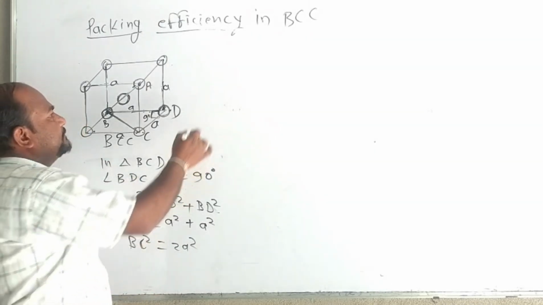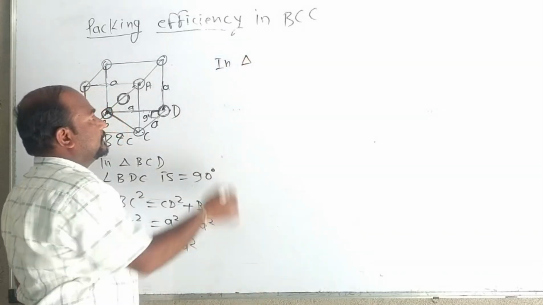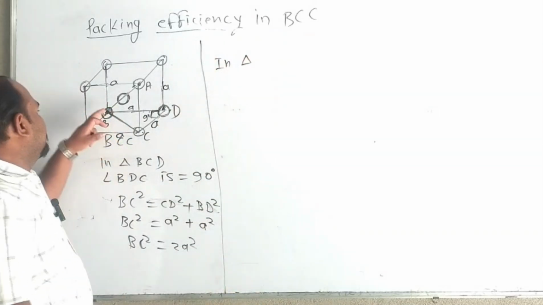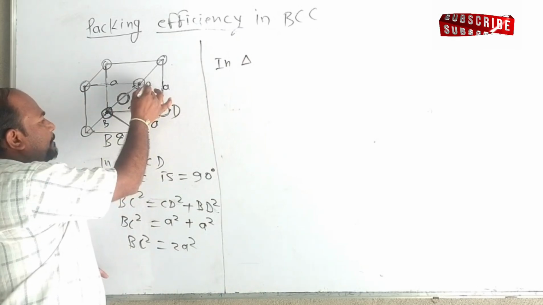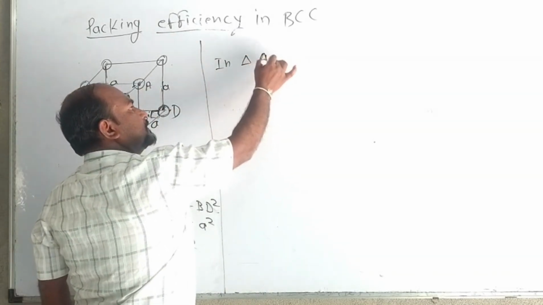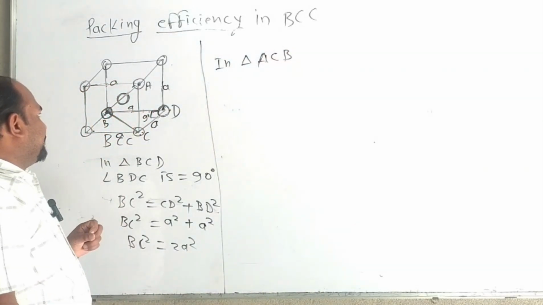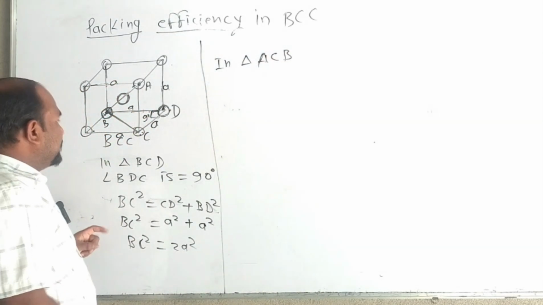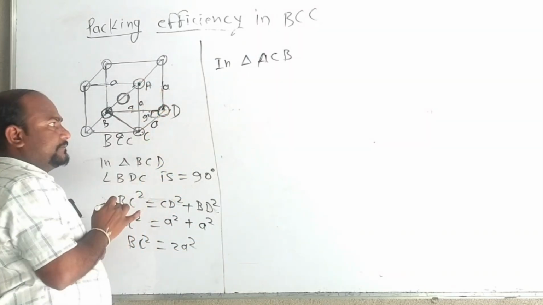Now look at triangle ACB. In triangle ACB, we know that this AC is an edge length.